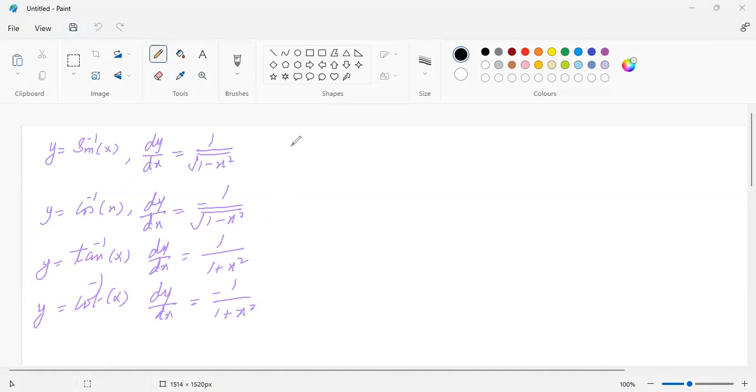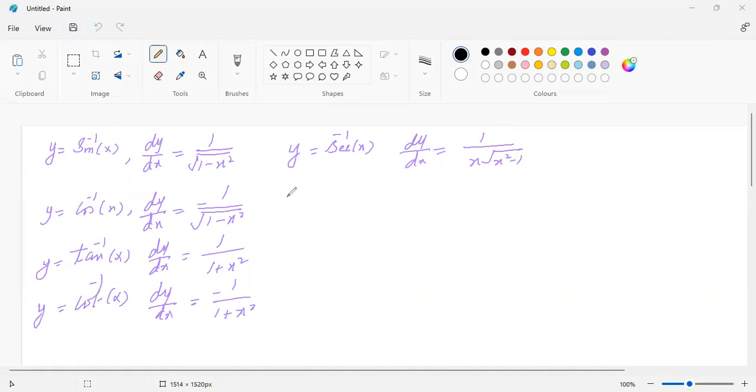Now come to the derivative of y equals secant inverse of x. So far as the derivative of secant inverse, dy by dx equals 1 by x into the square root of x square minus 1.